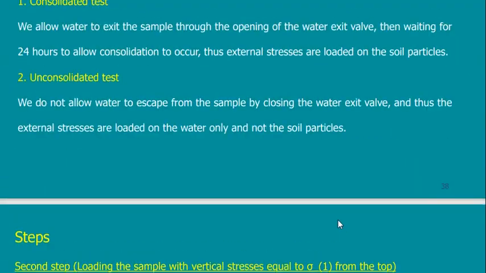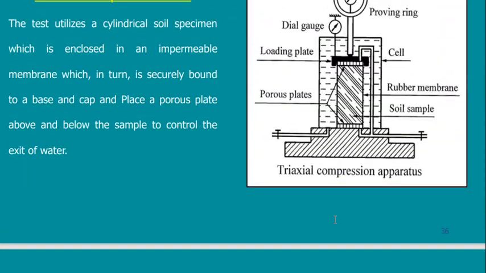So in this part of the test, it's either I open this valve or close it. If I open it, then water will be allowed to leave the sample. So when I push this sample with this piston, the water will leave till I reach failure.